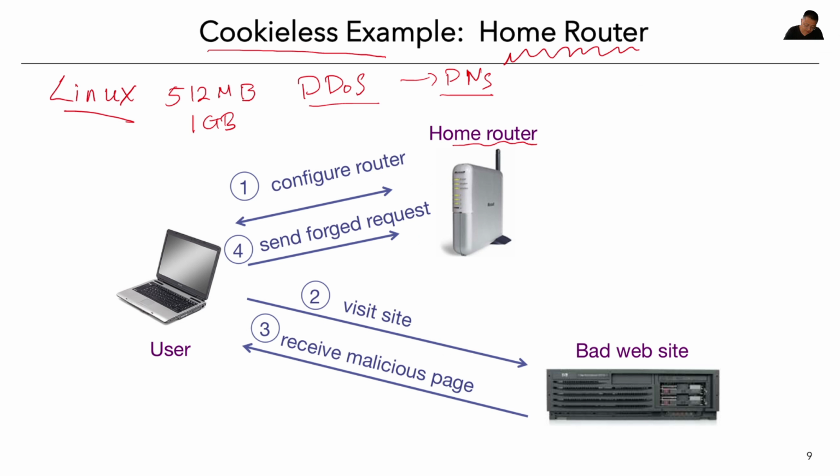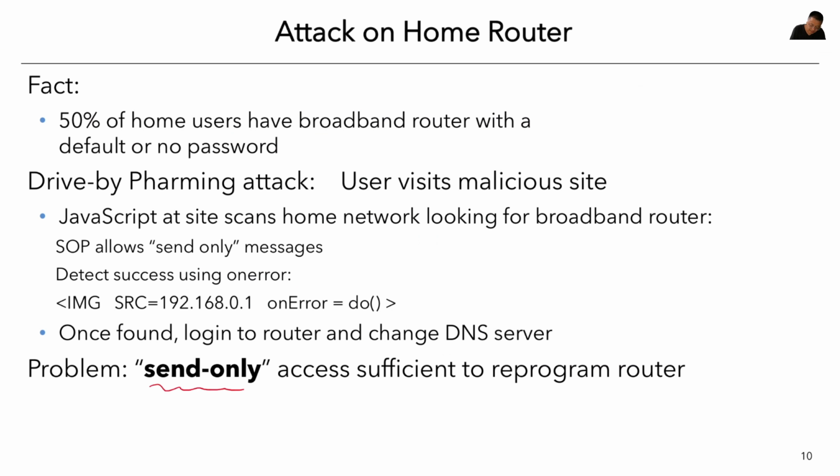So in this example, when you visit our bad website, it can receive some malicious pages. The malicious page can send the forged request to the home router. One thing about this kind of attack is that send-only access is sufficient to reprogram the router.